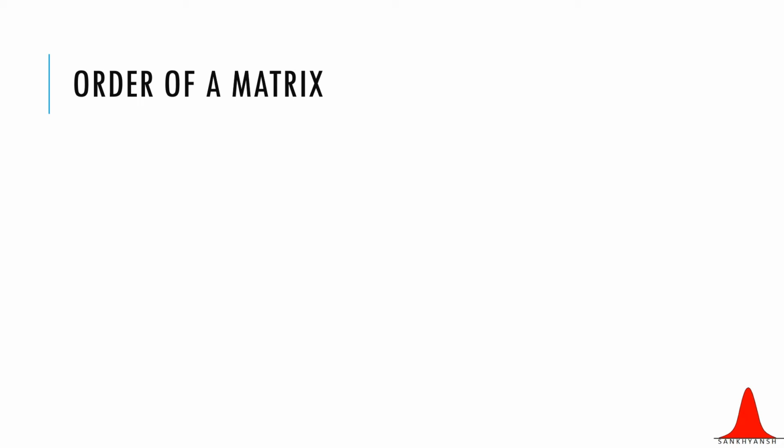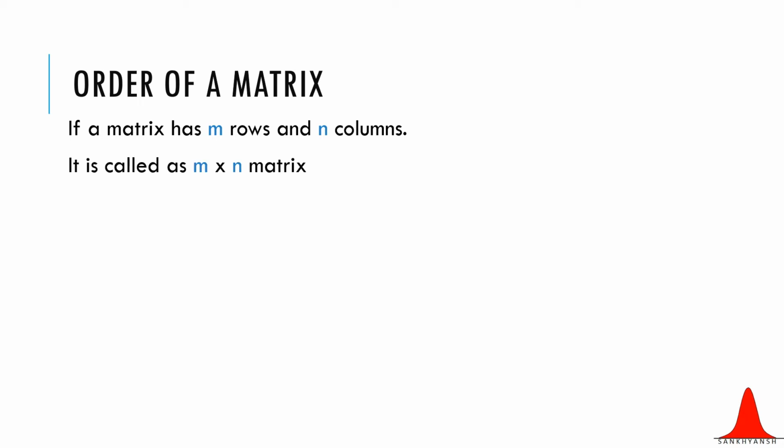So let us now discuss what we mean by order of a matrix. As we've seen earlier, a matrix has rows and columns. So if a matrix has m rows and n columns, we call it an m into n matrix.